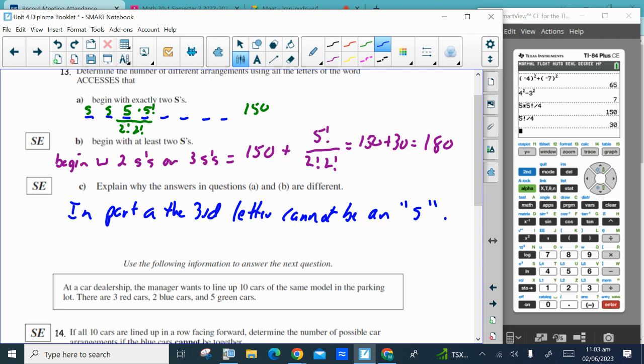It's the 6 letters that could be in the space. But the third space has to be an S. You can't change the third space. It has to be an S. This scenario is beginning with exactly 3 S's. So you don't have 6 choices for the third letter. You have only 1 choice for the third letter.